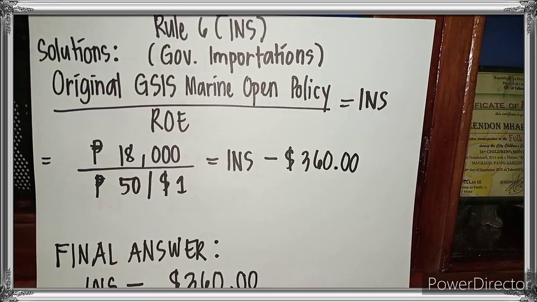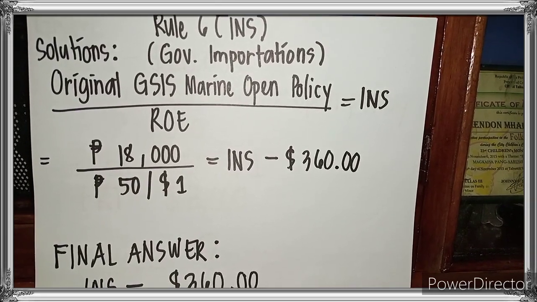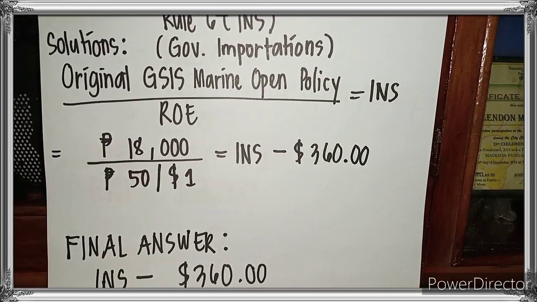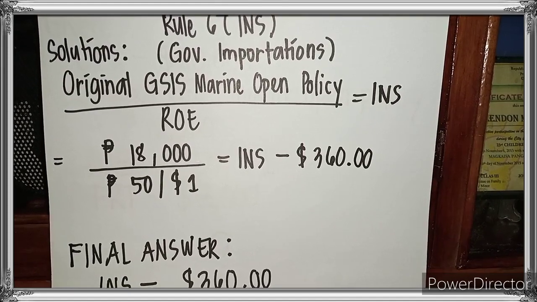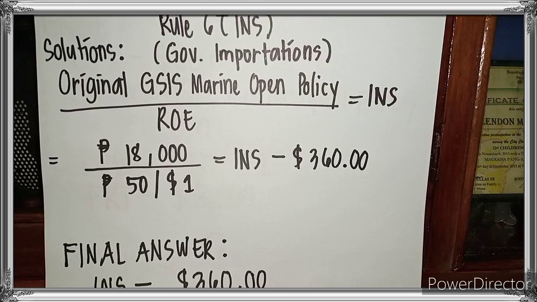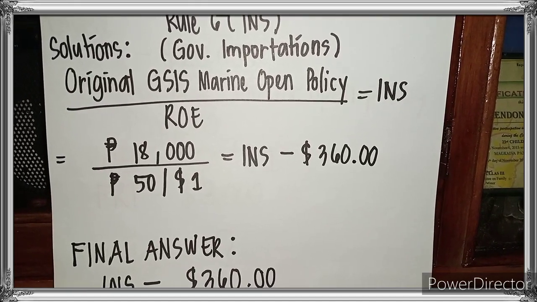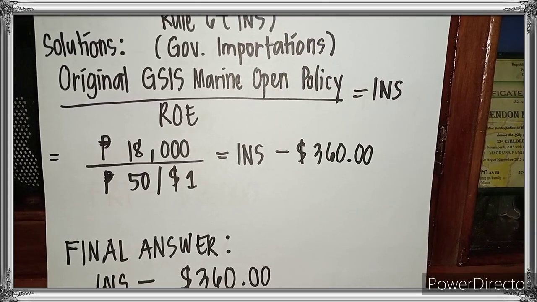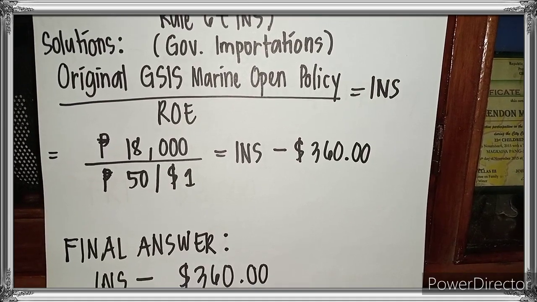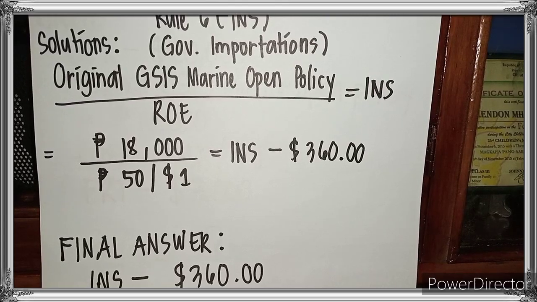It is because it will be directly our key to find the insurance. So we substitute 18,000 pesos divided by 50 pesos per $1 is equal to an insurance of $360.